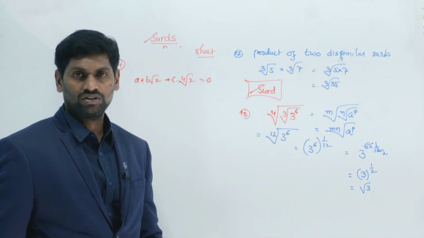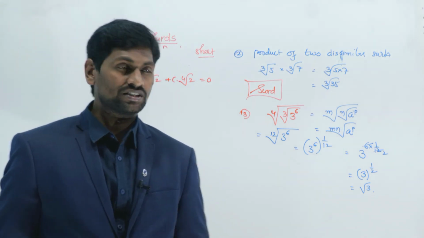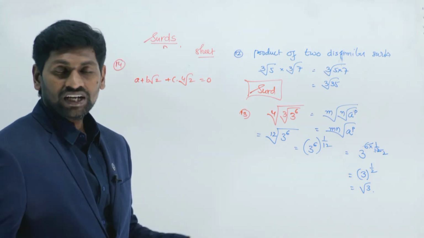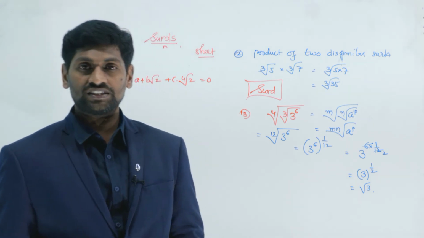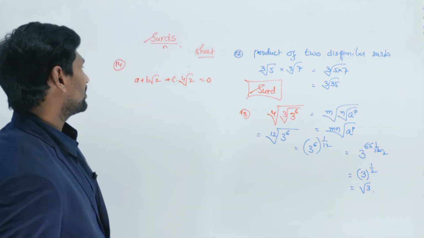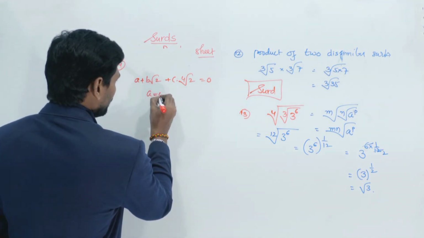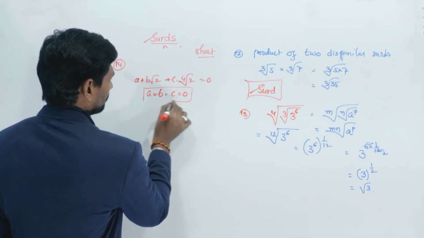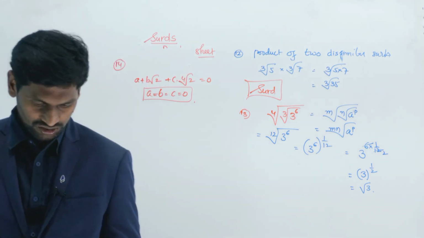We can convert them into similar surds, but right now they are dissimilar. We cannot add or subtract dissimilar surds. Here the answer is 0, so the a value, b value and c value must all be 0. Then only it will happen. Okay?